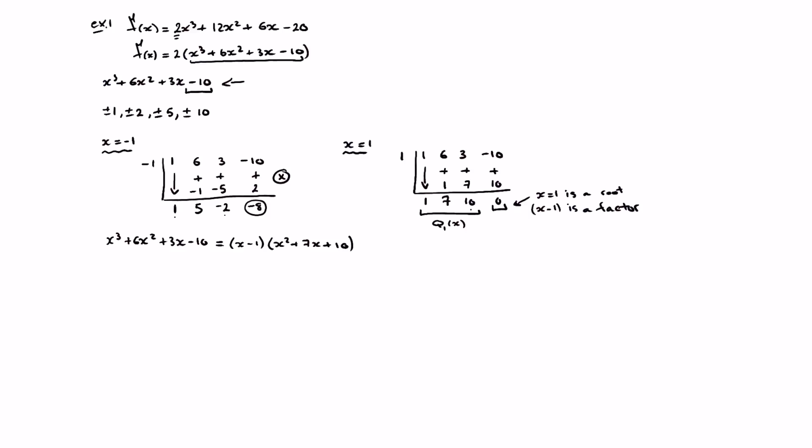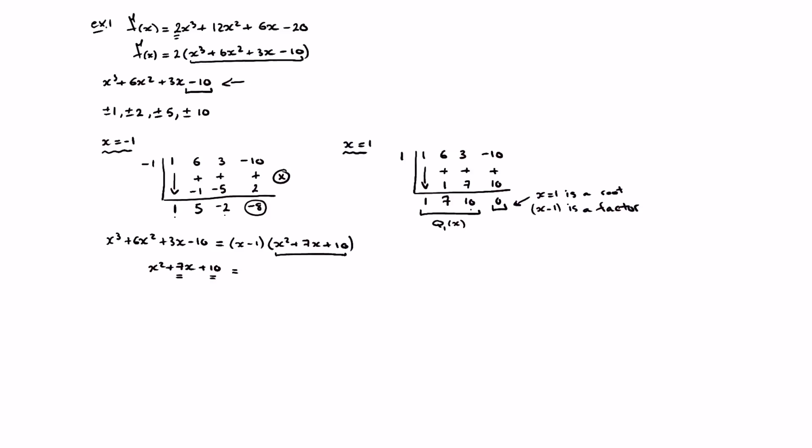Now we could carry on with this method, but since our q1 of x is a quadratic function, we can just go ahead and factor this the usual way. For instance, we could split the middle term. If we consider x squared plus 7x plus 10, we're looking for two numbers which add up to 7 and whose product is 10.